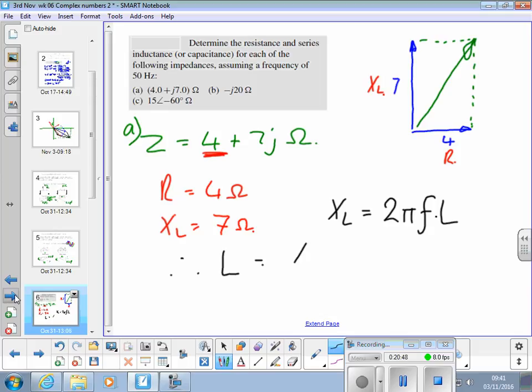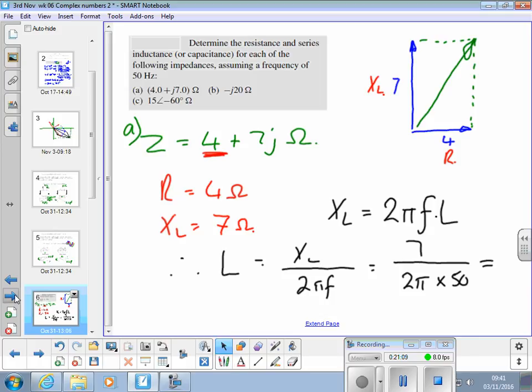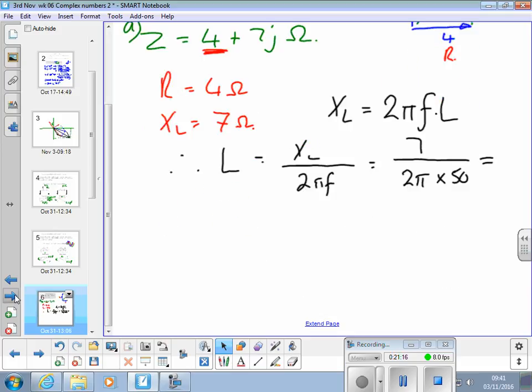Rearranging that formula, L is XL over 2 pi F. That gives 0.022 henrys.